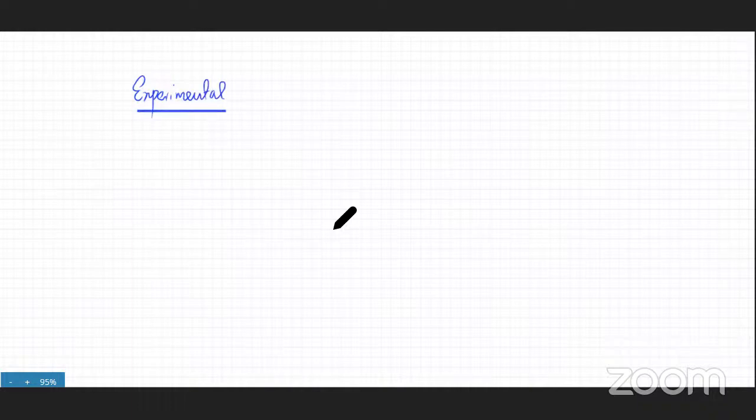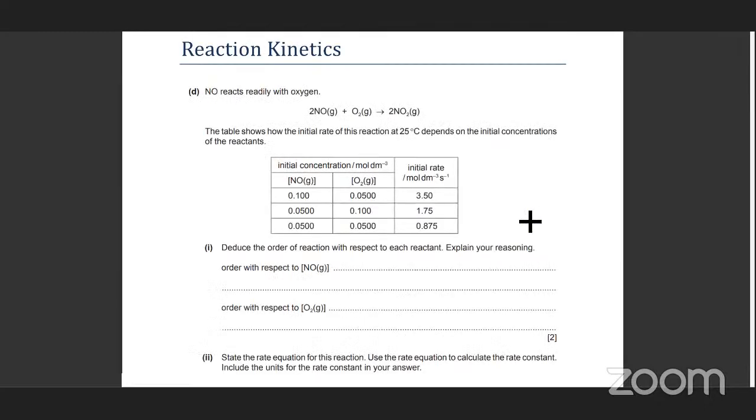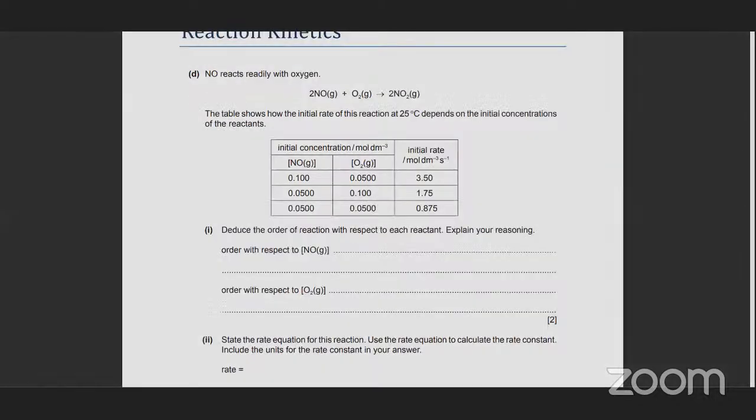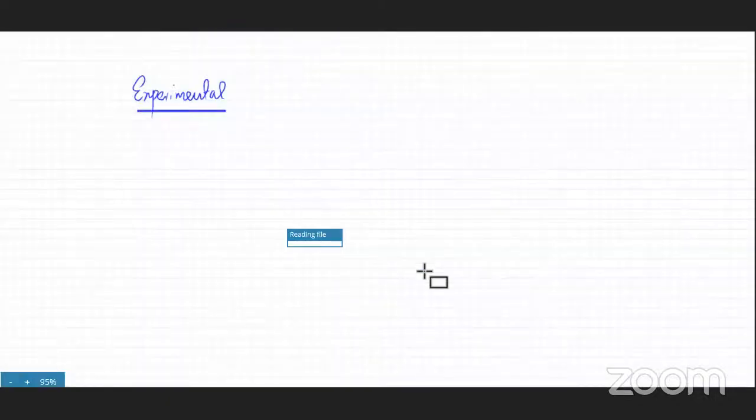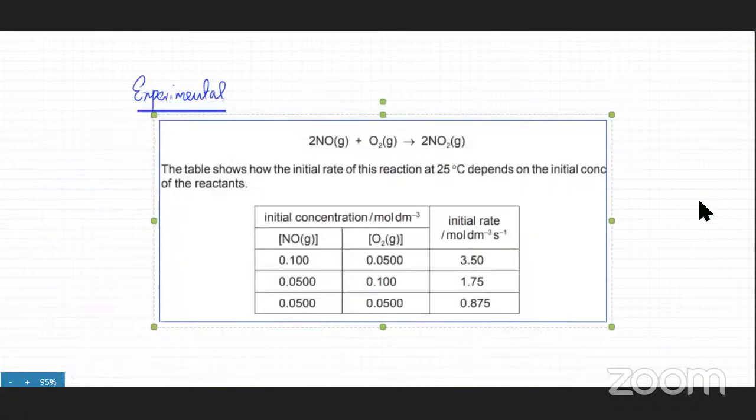What do you do in the experimental method? Let's say there's a table given. Let me find a few tables. Let's copy this. So you've got this table and you've got a reaction, and that's not the mechanism.